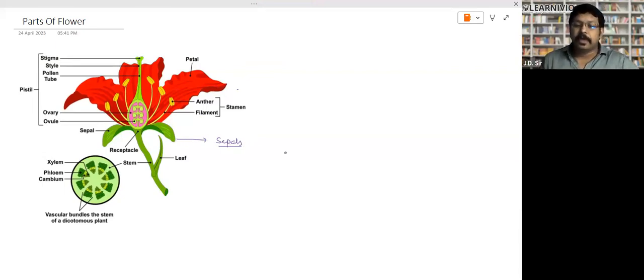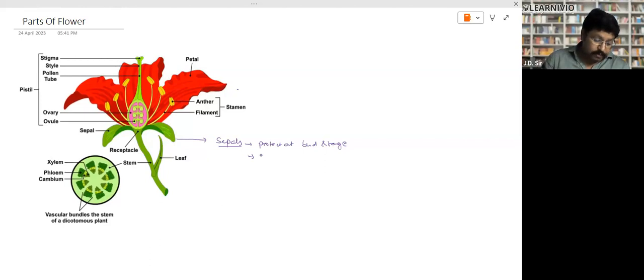The function of sepal is to protect the reproductive structure at the bud stage. The number of sepals may be 4, 5, 6, right?